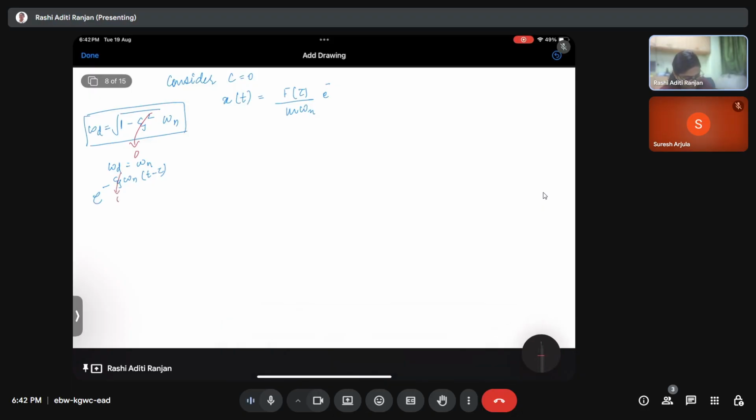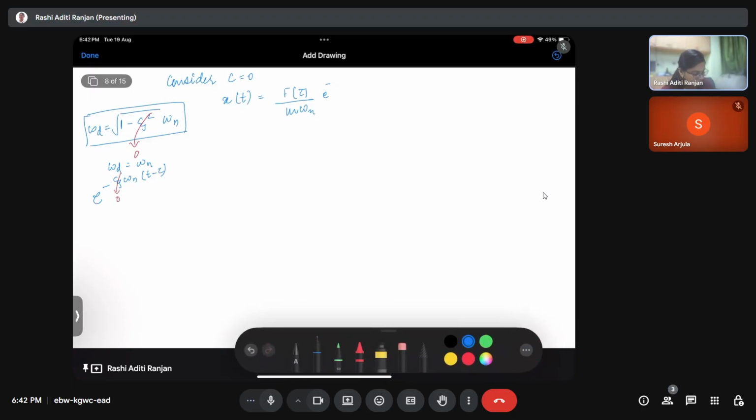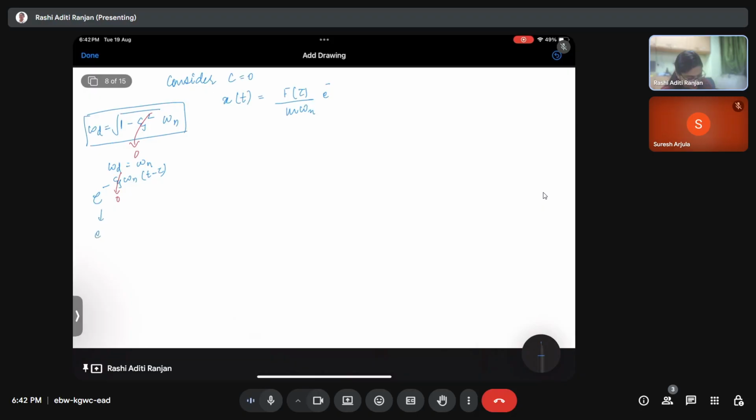We have this as 0, and this is e to the power 0, which is 1. So this can be written as sine of omega n (t minus tau) d tau, integration from 0 to t. Hope this is clear. Okay.